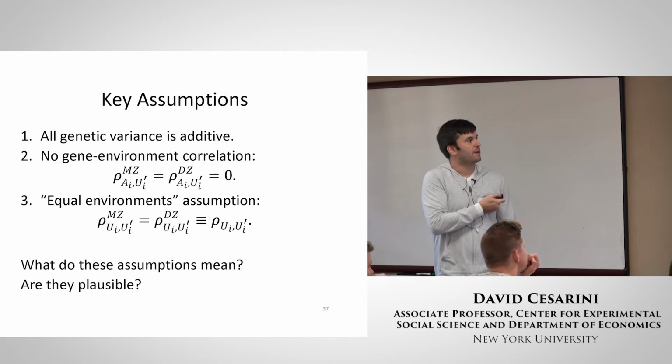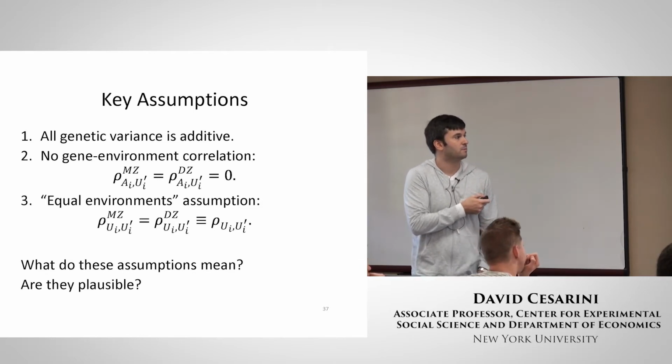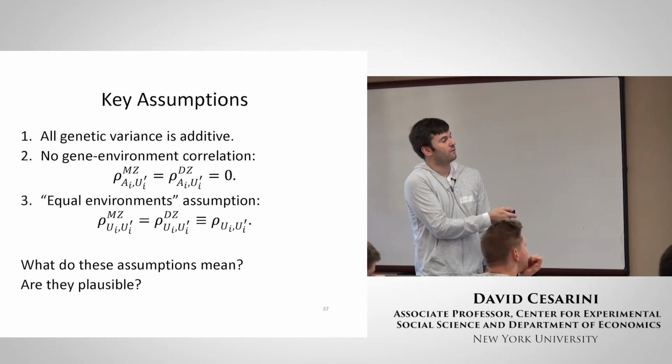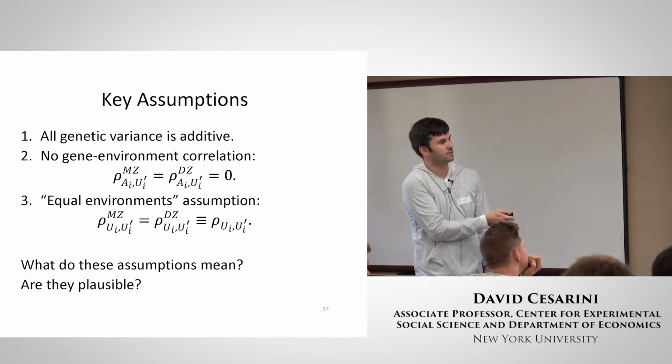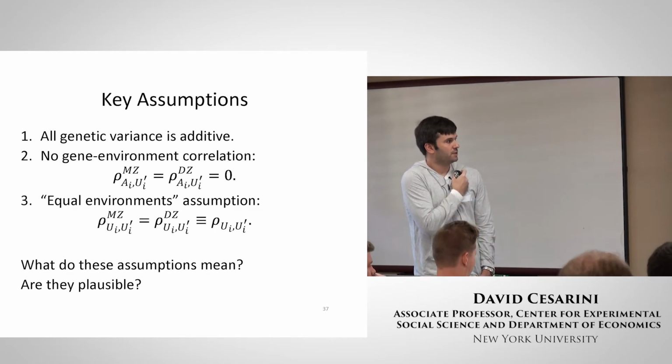And we're making what people call the equal environment assumption. In terms of our notation, the equal environment assumption says that the covariance of U_i and U_i' in monozygotic twins is the same as the covariance in dizygotic twins, and we can just define that as U prime.